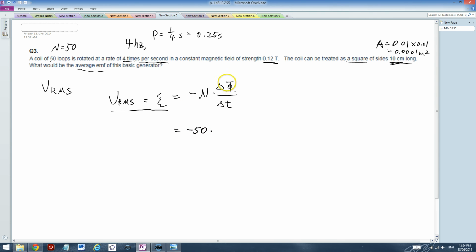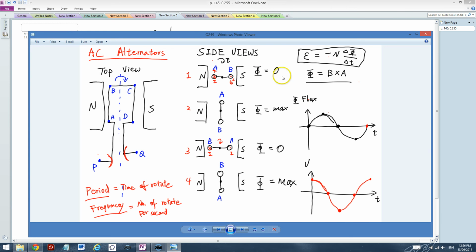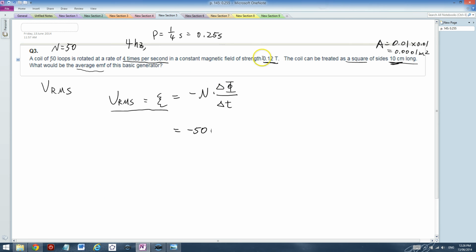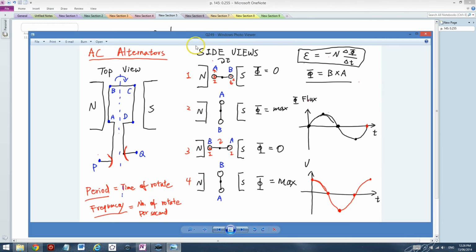Now the magnetic flux. What we need to find is the maximum change in magnetic flux over time. Assume the coil initially is in parallel with the direction of the magnetic field.